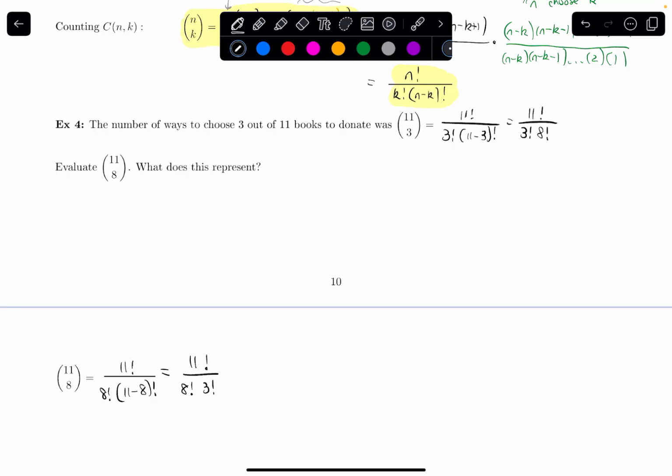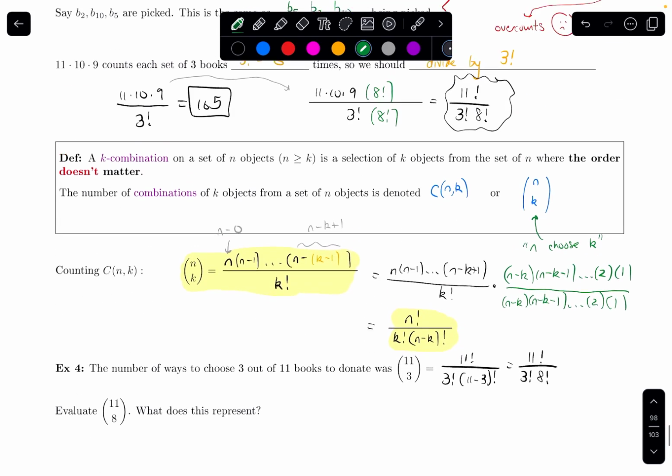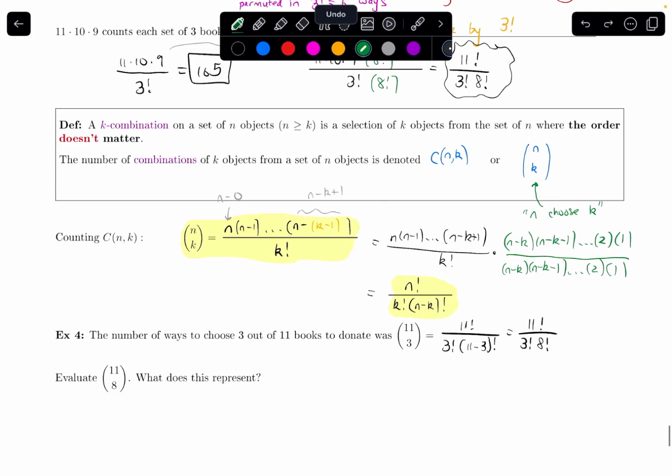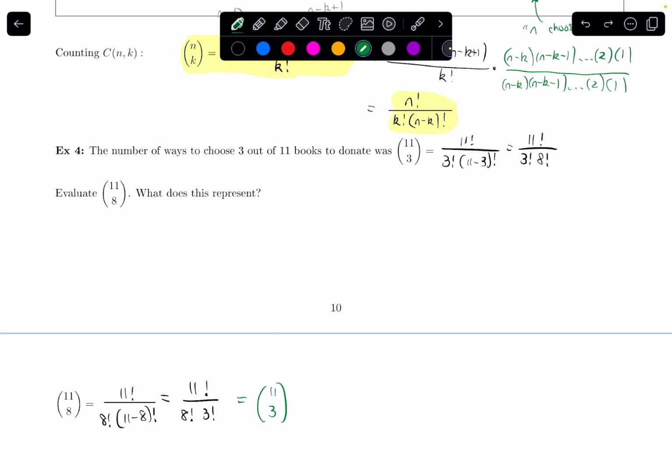But I might notice that's the same thing as what we got for 11 choose 3, just the two things on the bottom have switched spots. So this is equal to 11 choose 3, which we had worked out at the beginning. That was 165. This ends up equaling 165, so I'm going to box that.